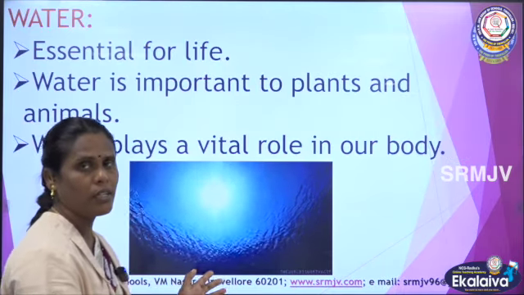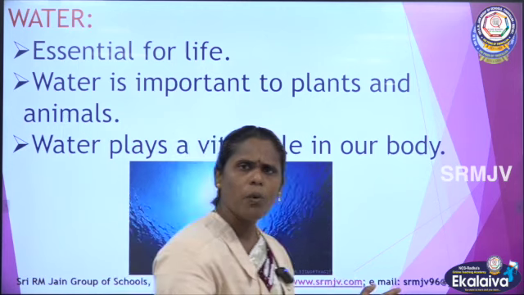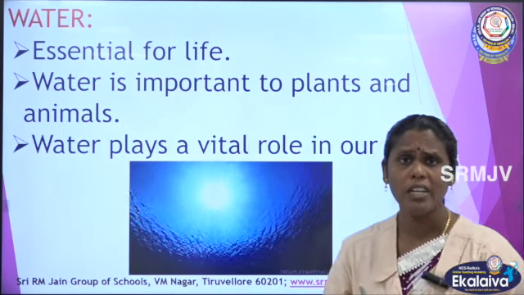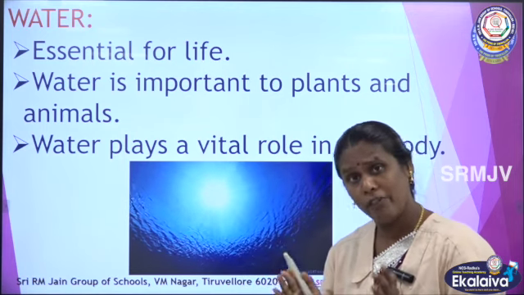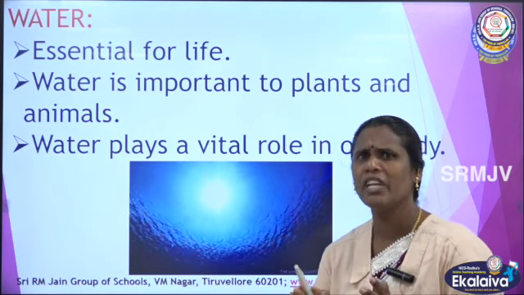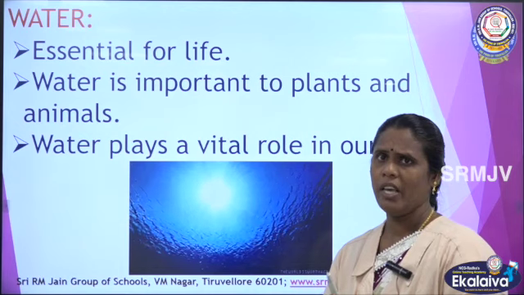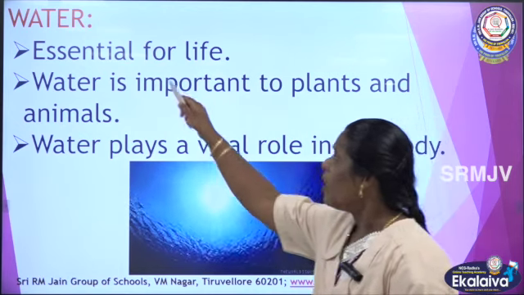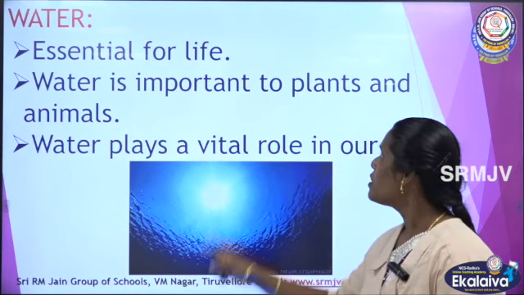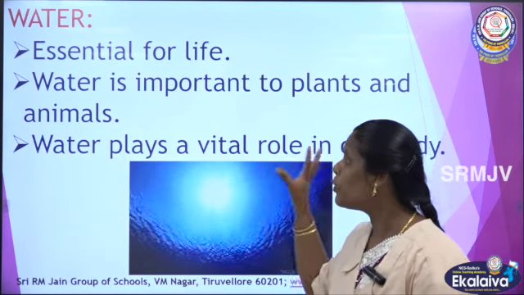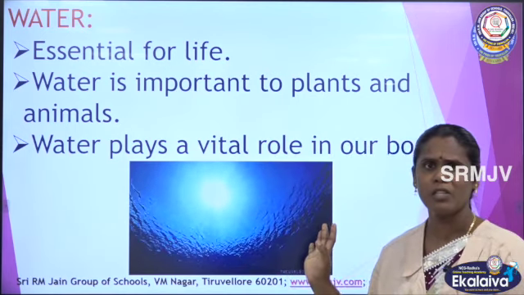Next, water. See children, water is very, very important for human beings. If you take living organisms, water is very important to them. Here, water is essential for life. Water is important to plants and animals.